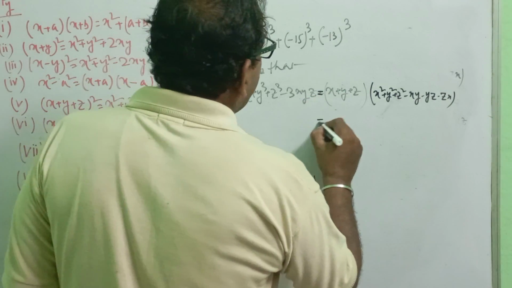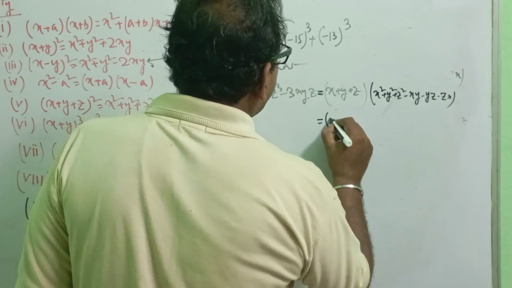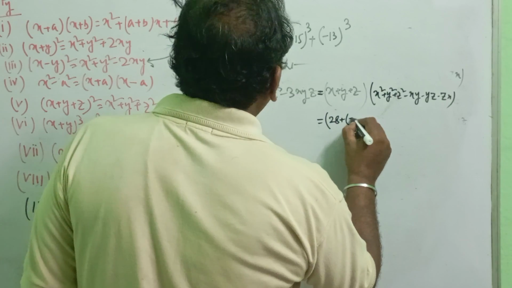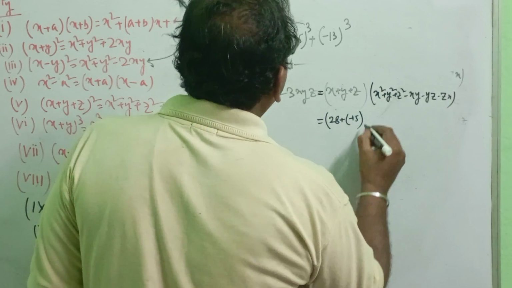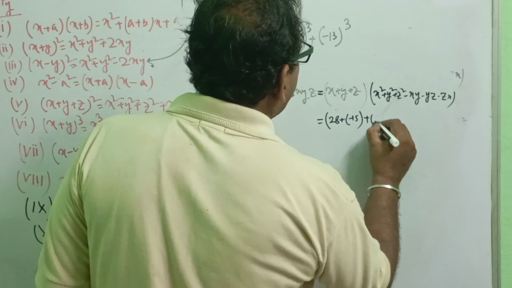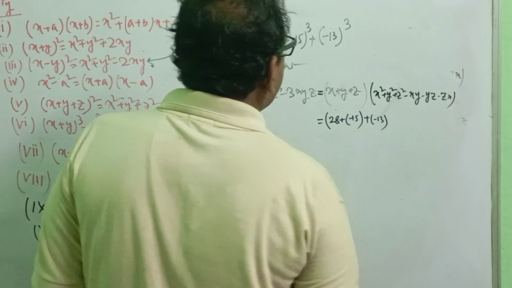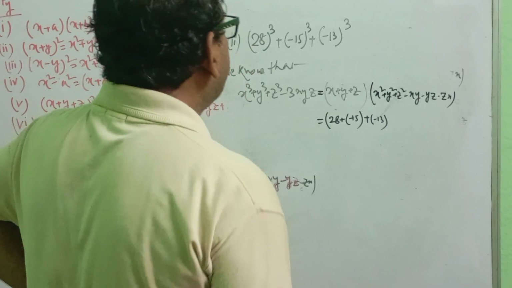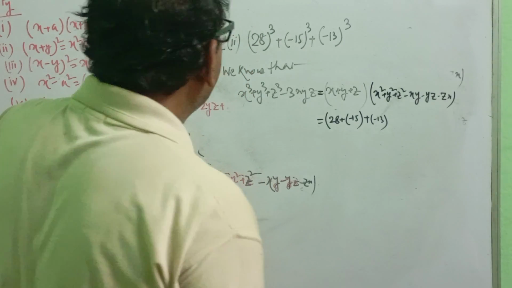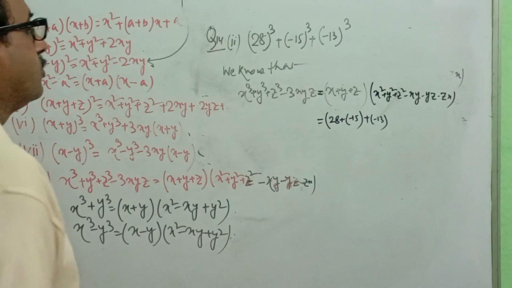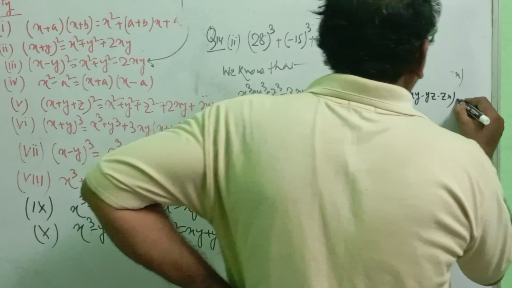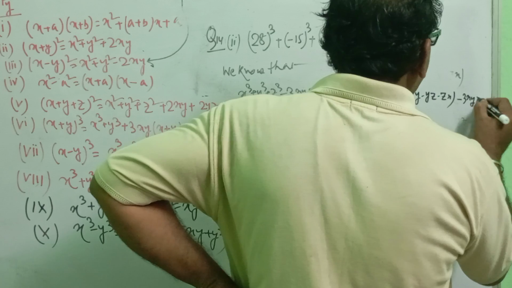Now what we can do: x is equal to 28, y is equal to minus 15, z is equal to minus 13. Now this is minus 3xyz.